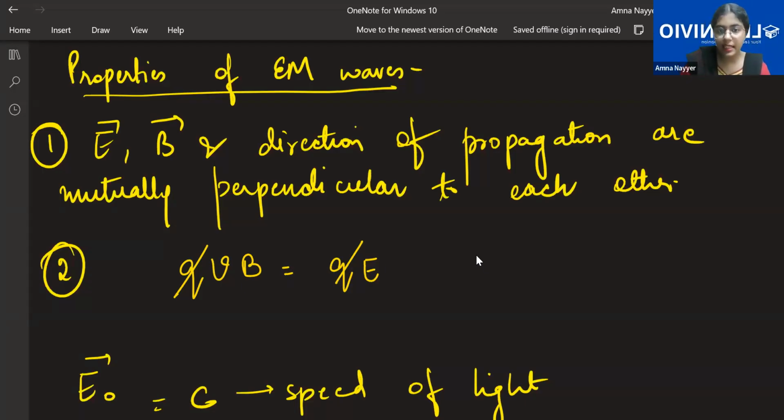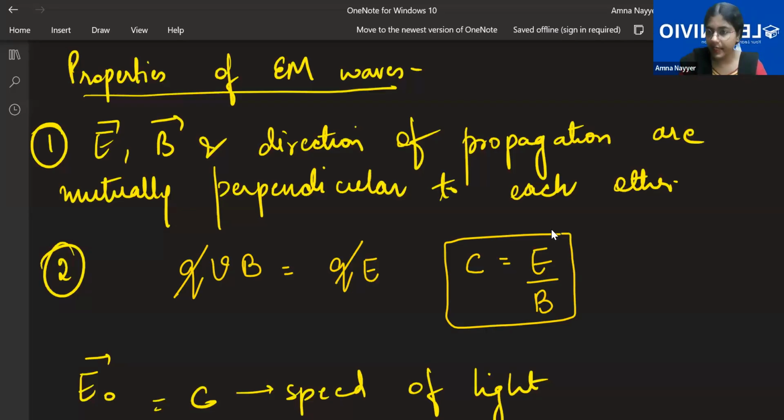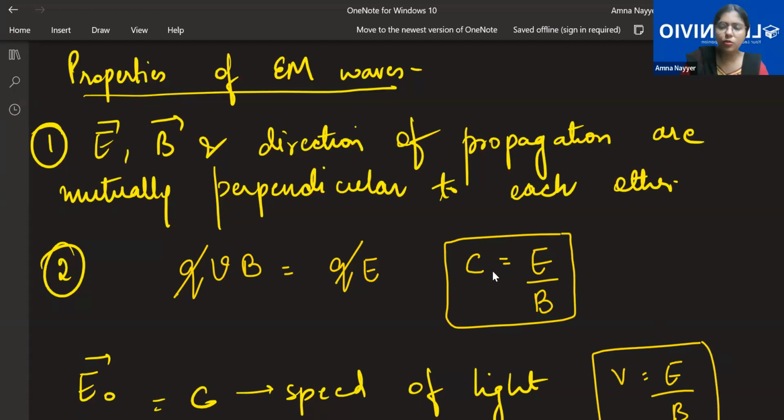So from here, I can say the speed of light will be equal to electric field divided by the magnetic field. Or if I take a random value also, velocity will be equal to electric field divided by the magnetic field. But usually the speed that we take is the speed of light.